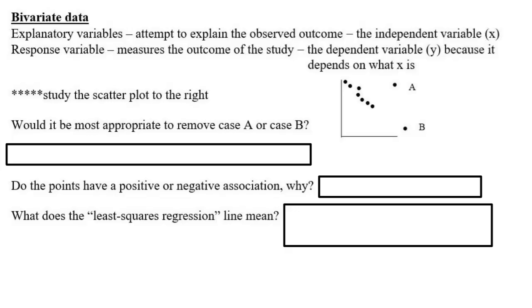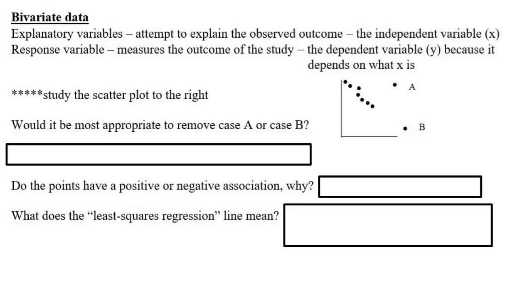I want to look at this scatter plot on the right. Which of those 2 points, A or B, would make the most sense to remove if we could? A. Why? Yeah. Even though most of my data is in the upper left, if I draw in that line of best fit, B is following that pattern.